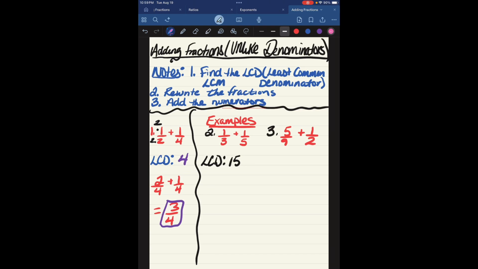Let me pick pink. Okay. So we got 3. We got 5. So we're doing multiples. Multiples of 3: 3, 6, 9, 12, 15. Multiples of 5: 5, 10, 15. And we're going to stop right there because the first common number that we see is 15.